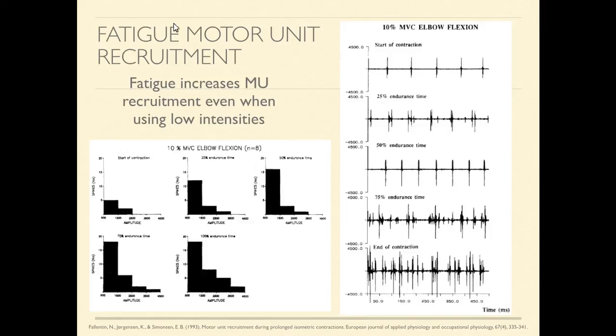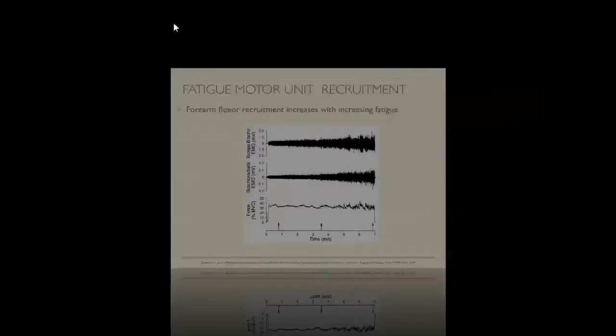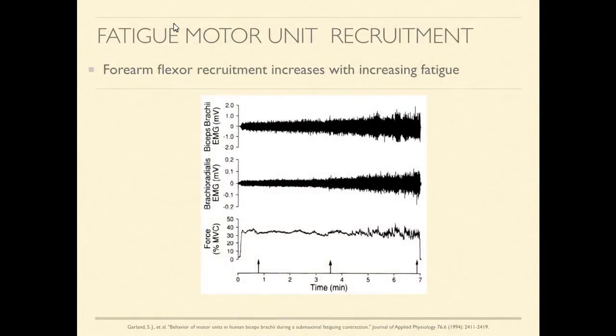So this suggests that fatigue, which is induced by volume or time under tension, plays a role in motor unit recruitment. Even at low intensities, the thought is that as you near fatigue, you do recruit the higher threshold motor units. Maybe not all of them, but you are recruiting some of them. We can see that here.